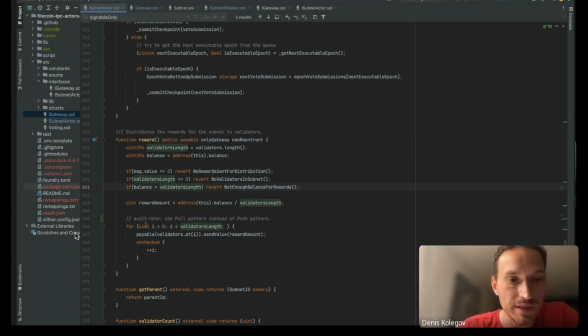So if a gateway calls the reward function, then we should understand that there are 4 validators who were active. They really sent messages, and they should get rewards for routing those messages. So yeah, something like that.